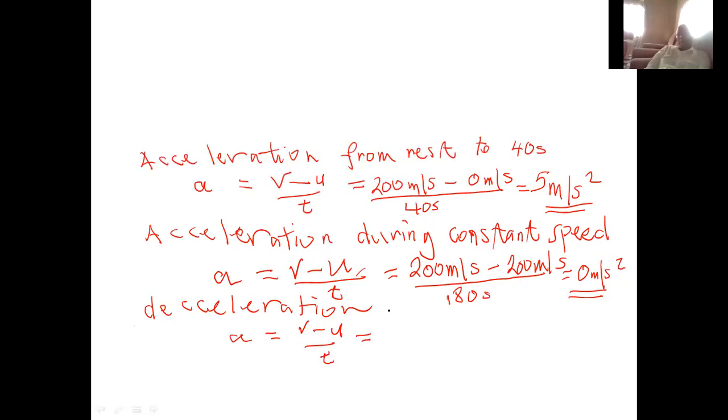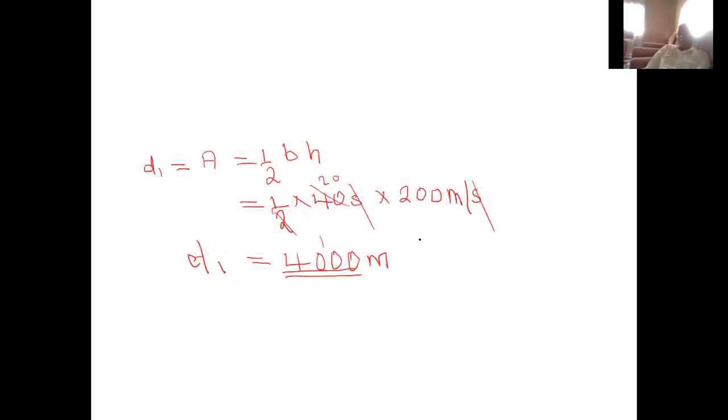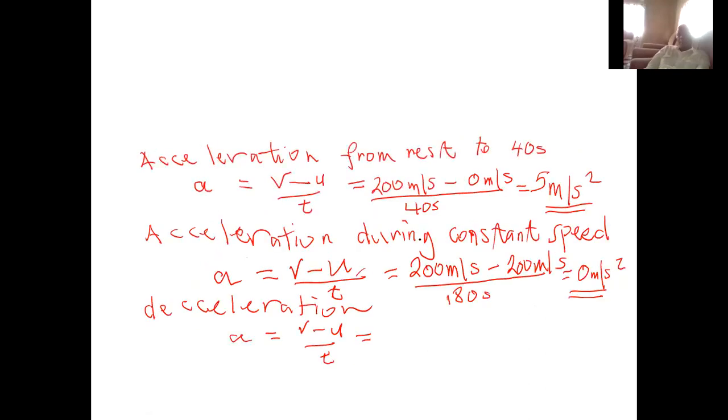And from our graph, our final velocity is 0 here, and our initial velocity is 200. So final velocity 0 minus 200 meters per second, divided by the time during deceleration, which was 25 seconds.